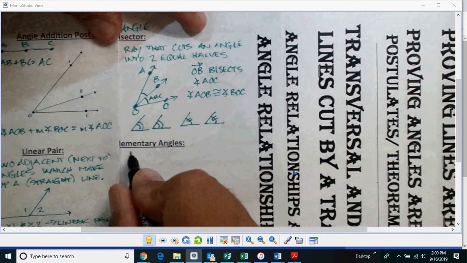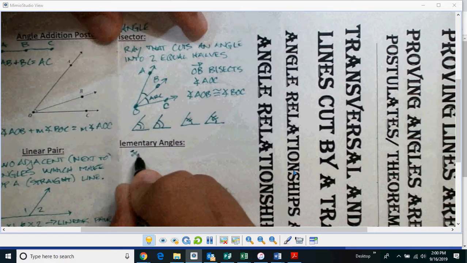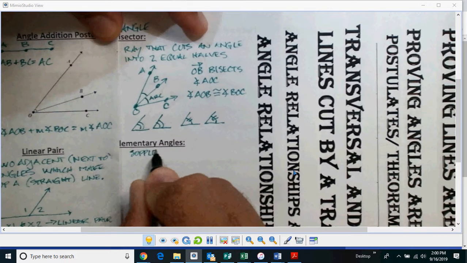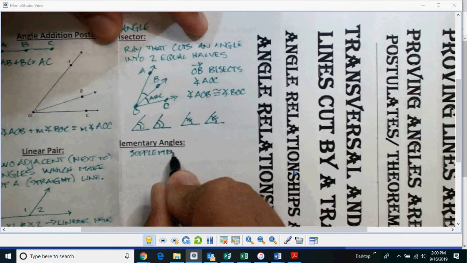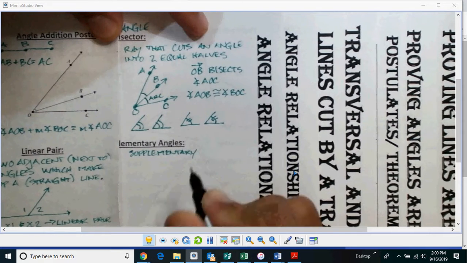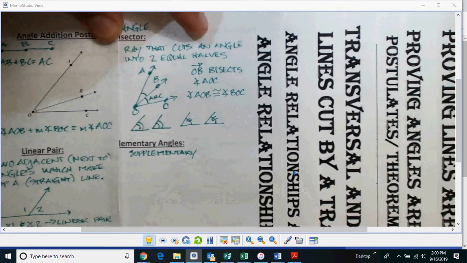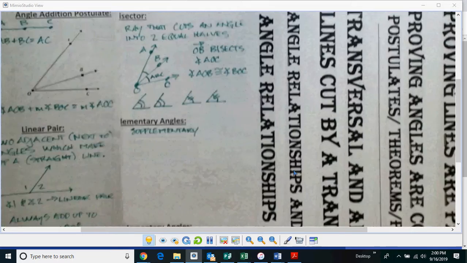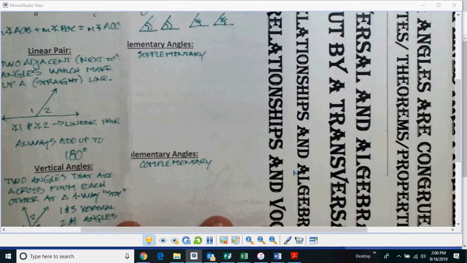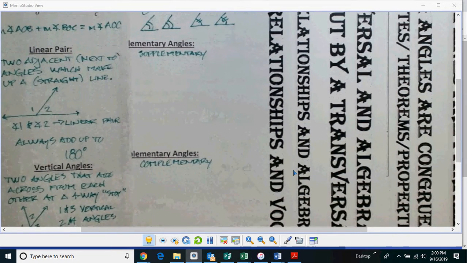All right, this should say supplementary. And this one down here should say complementary. What does that say? Supplementary. All right, what are supplementary angles?